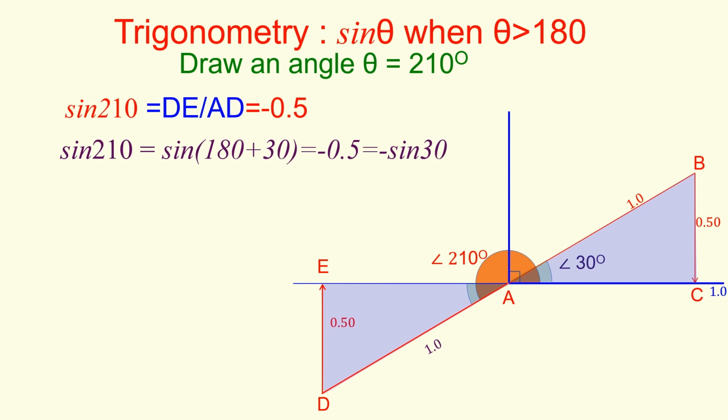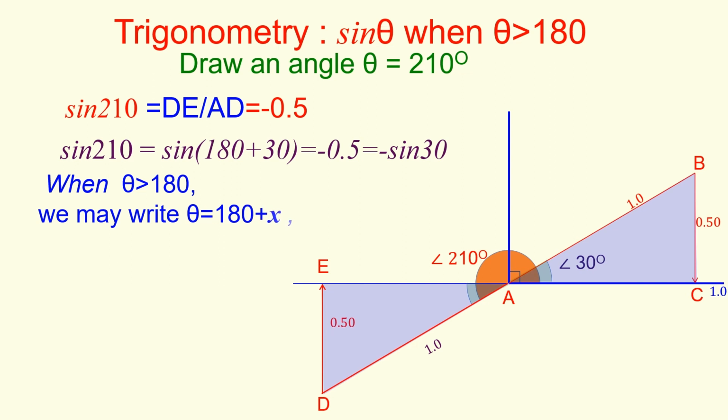Sine 210 degrees equals DE by AD equals minus 0.5 equals minus sine 30 degrees. Sine 210 equals sine 180 plus 30 equals minus sine 30.